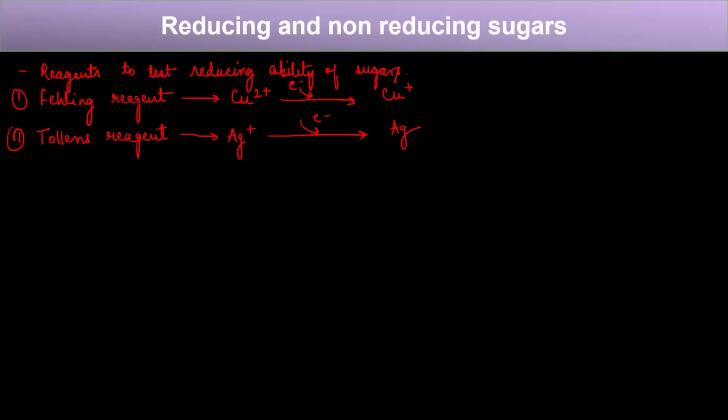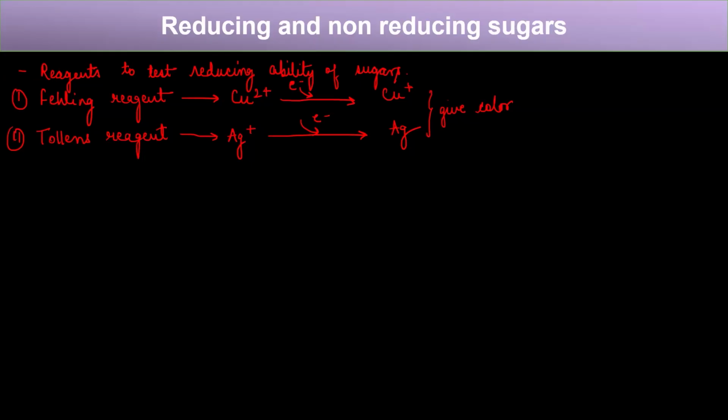So these are the two reagents, and when these are reduced, they give a certain color, and on the basis of color, one can say whether the test molecule or the sugar is reducing or not.